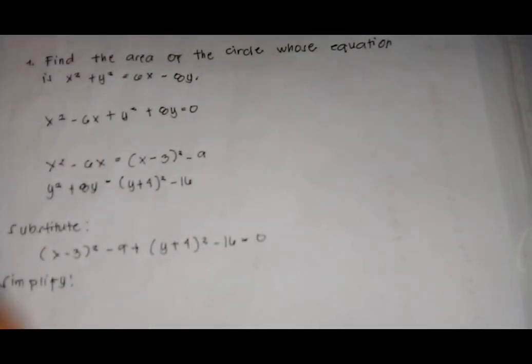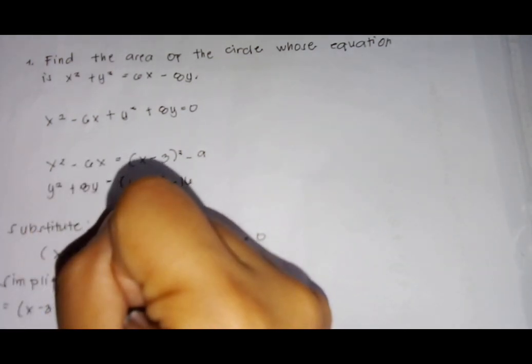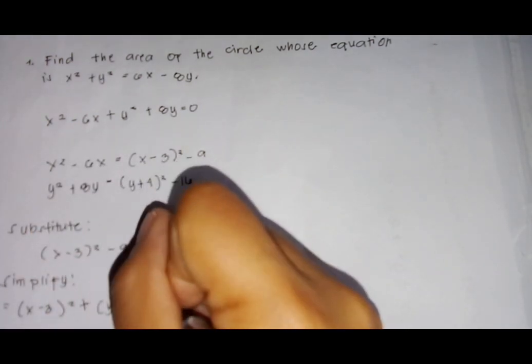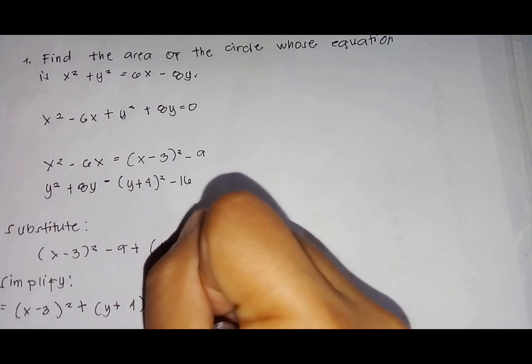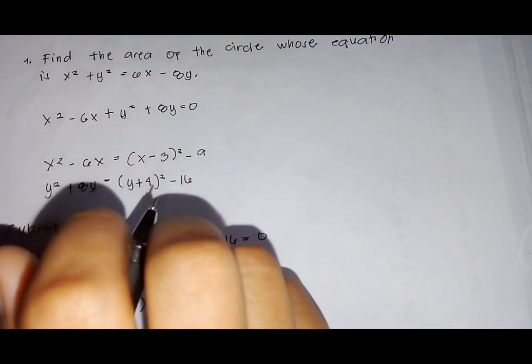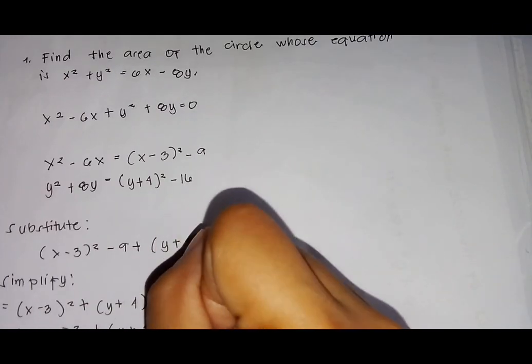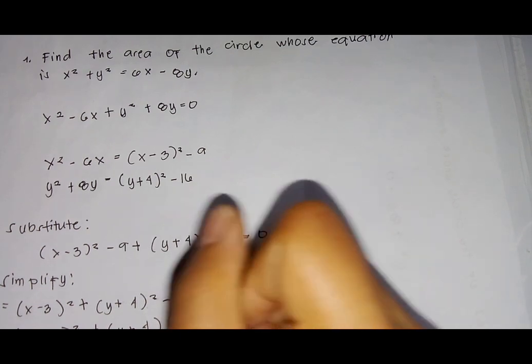We have here (x minus 3) squared plus (y plus 4) squared minus 25 is equal to 0. So we need to add 25 to both sides. So we have here (x minus 3) squared plus (y plus 4) squared is equal to 25.